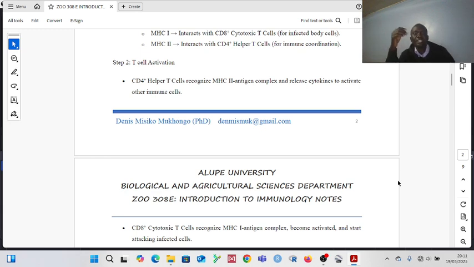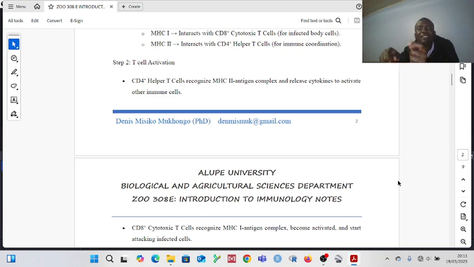The MHC class 2 will have an antigen attached to it. The CD4 helper T cells will recognize that. MHC is what is presenting the antigens on the cell that is infected by that pathogen.